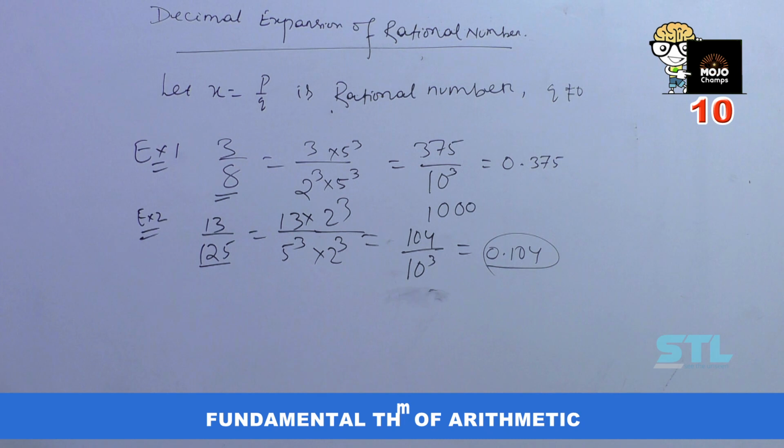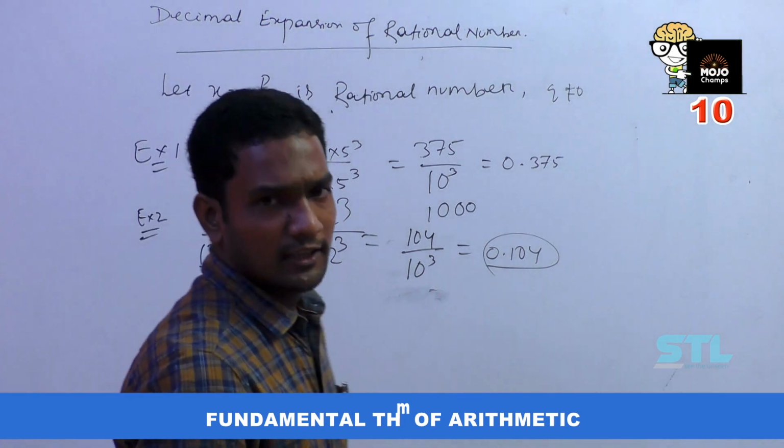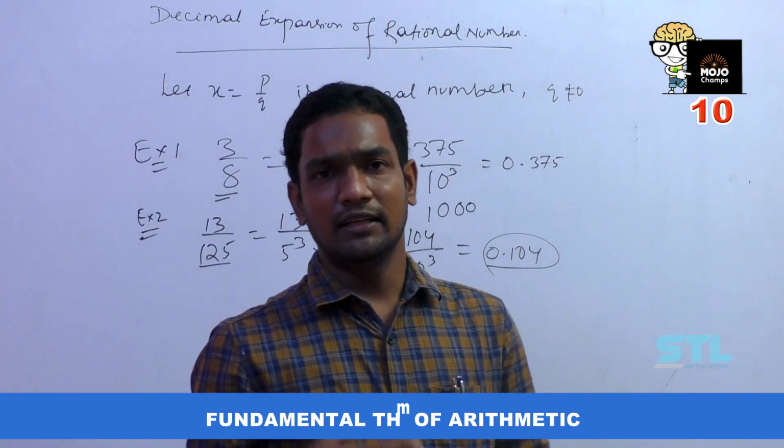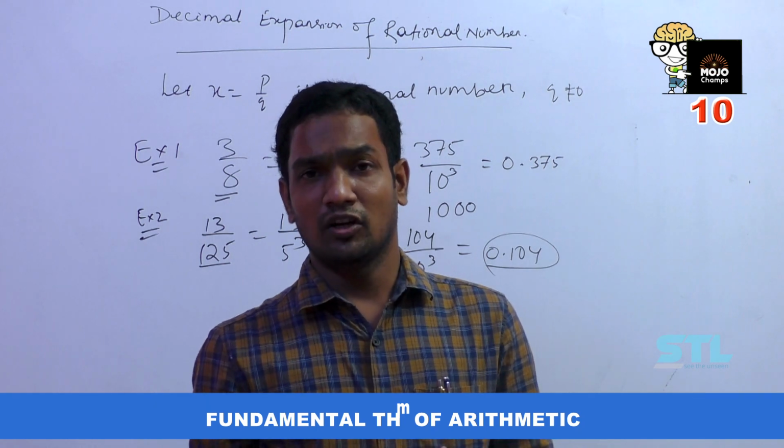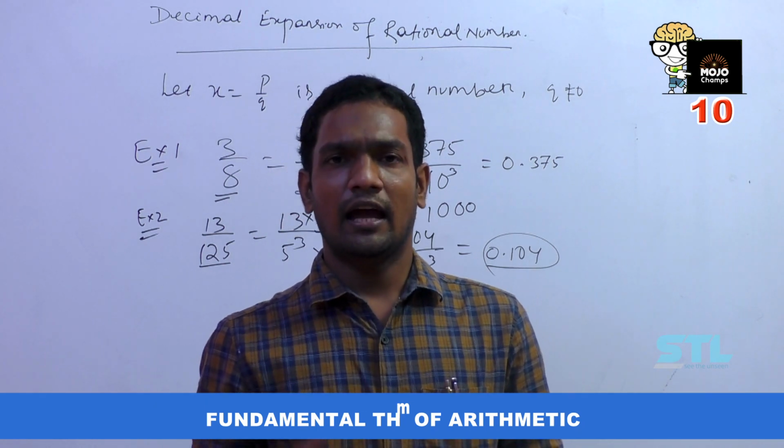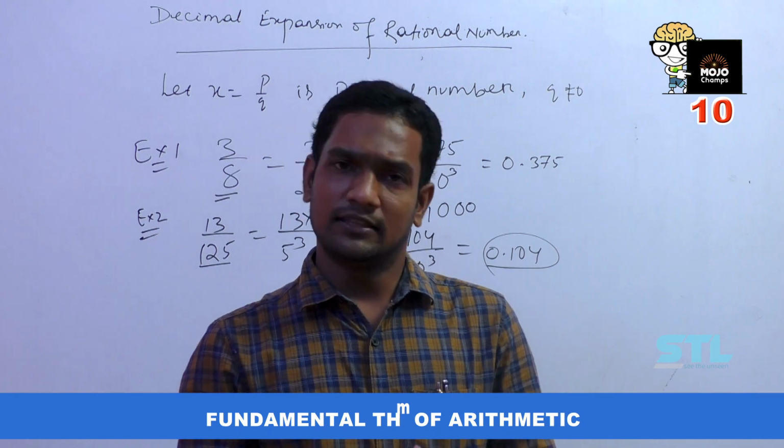So this is the trick to identify, without division of a rational number, which is the non-terminating repeating decimal and which is the terminating decimal. Thank you.